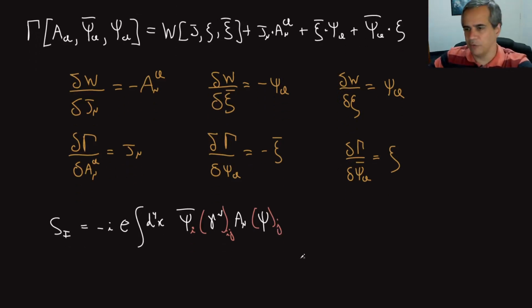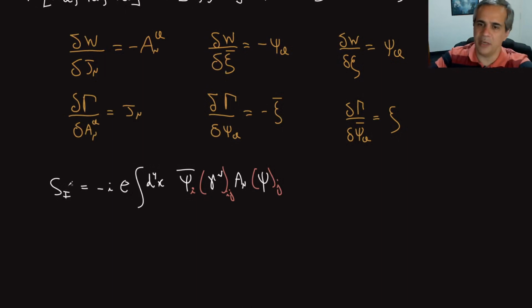Now, if you don't remember, you can go back to, say, page 122 of the lecture notes. I do that for scalars, but this is the same thing, right? The rule for the vertex, which in this case will involve an incoming fermion, an outgoing fermion, because I have psi and psi bar, and one photon, because I have an A that creates or annihilates a photon.